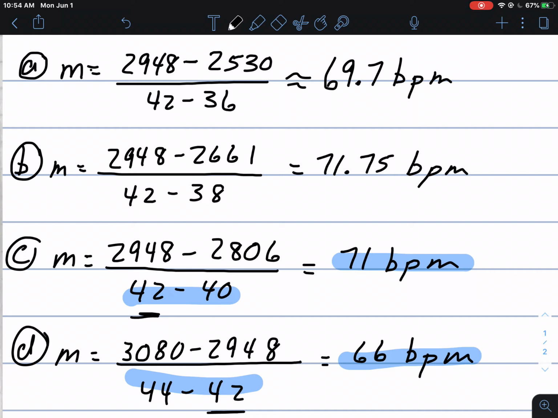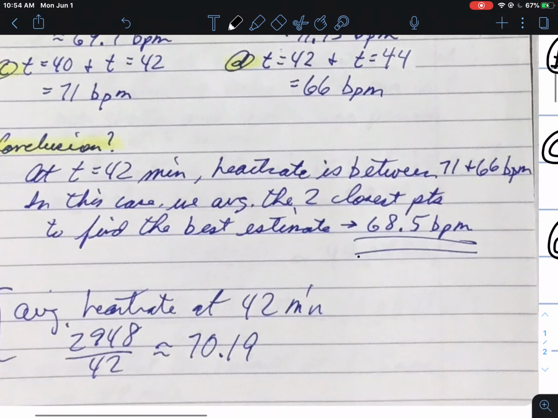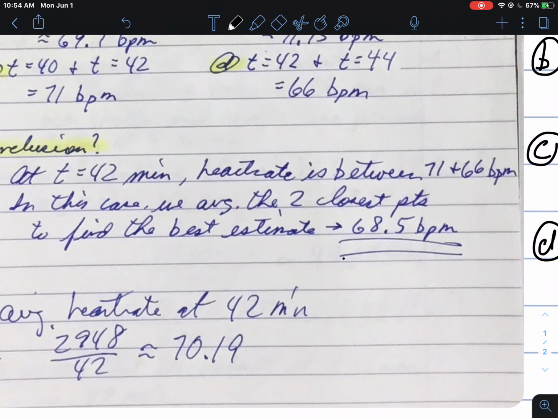Right? But that's really the best that we can do because I can't get any closer to 42 to give me any better information. So I know it has to be between 66 and 71, so let's just average those two. And so at t equals 42 minutes, a heart rate between 71 and 66, just based upon, again, the observation that we made from the calculations.